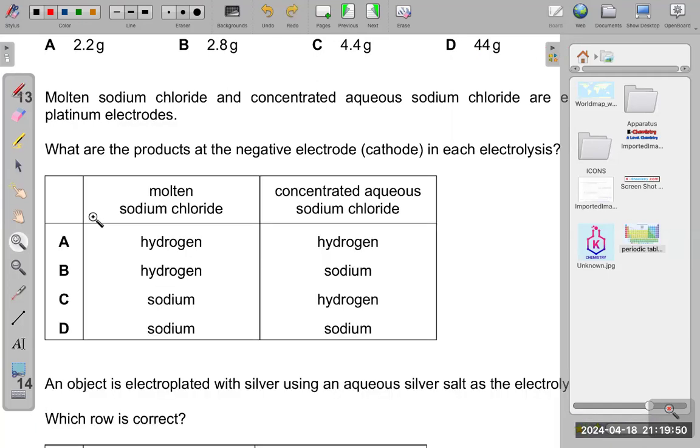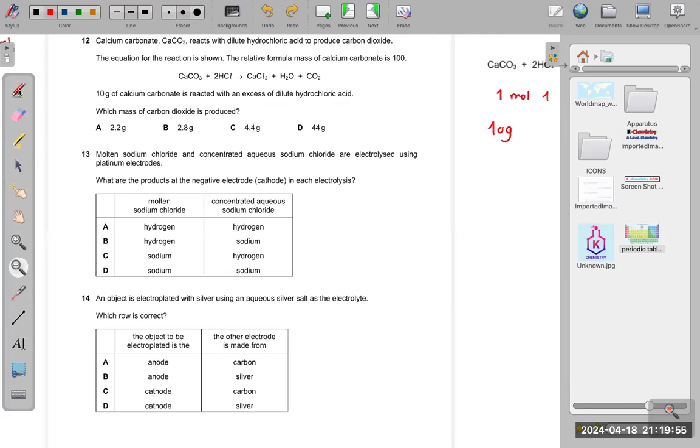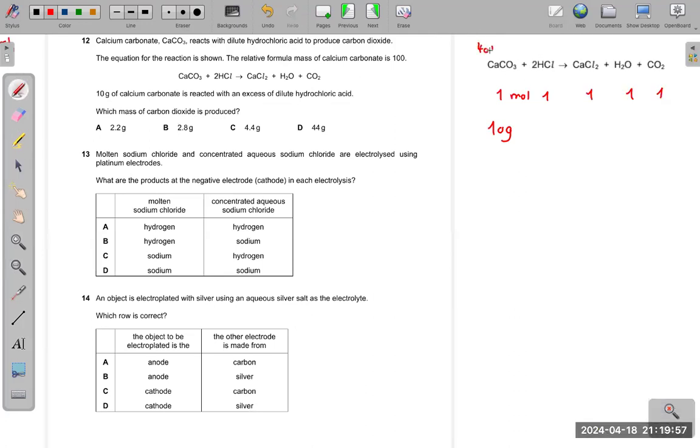So this is 40, this is 12, and this is 16 times 3, which is 48. 48 plus 12 plus 40 is equal to 100. So 10 divided by 100 gives 0.1. So I have changed this from 10 grams into 0.1 moles.